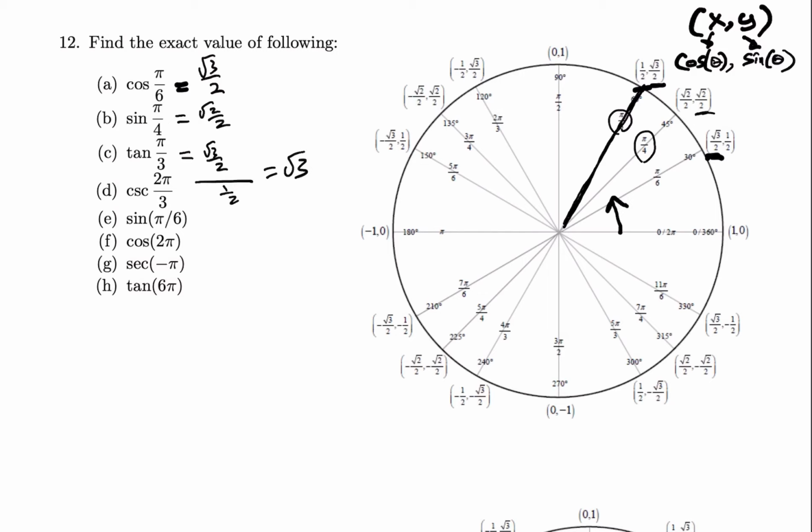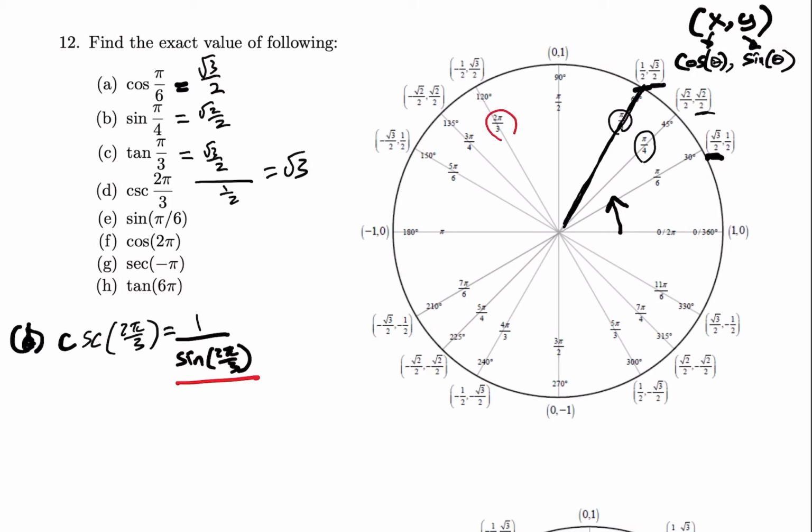So starting D, I'm going to write it here, just out of room. Secant 2 pi over 3. Remember, secant is 1 over sine of 2 pi over 3. So what is sine 2 pi over 3? We go to 2 pi over 3. Again, it is very important for you to draw the unit circle next to you when you do this problem in the quizzes, homework, and when you do practice also.